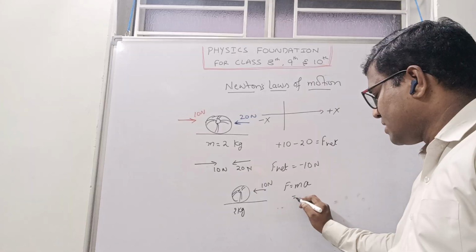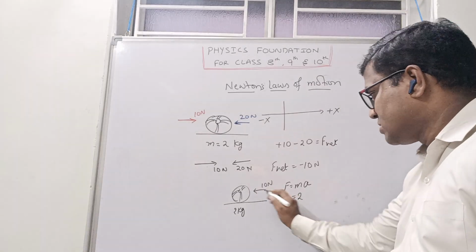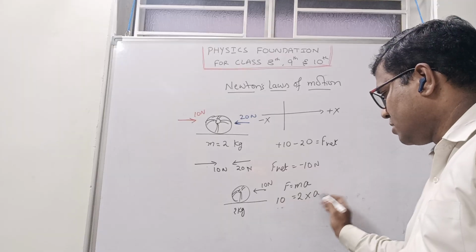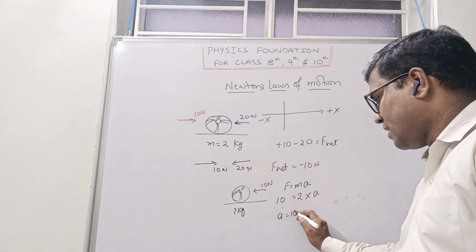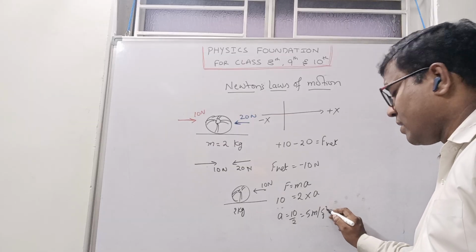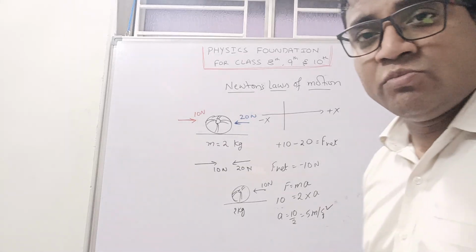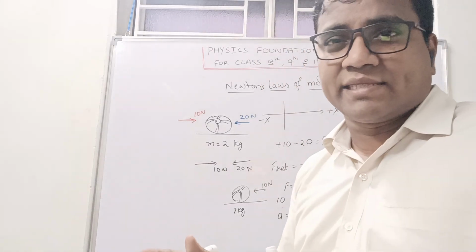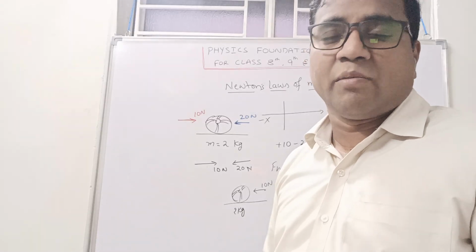Mass is given as 2 kg, and force we got 10, and acceleration is a. So acceleration a is equal to 10 by 2, which is equal to 5 meter per second square. So in which direction is the body moving? Plus x-axis or minus x-axis? Minus x-axis the body is moving.